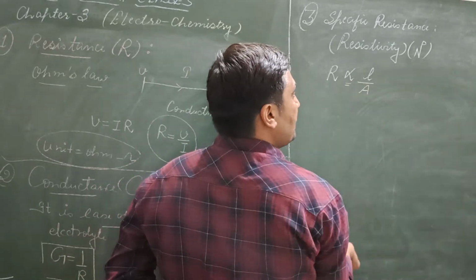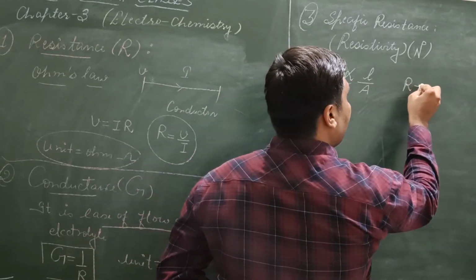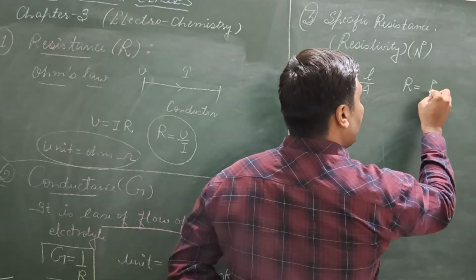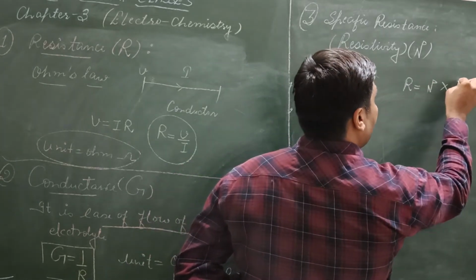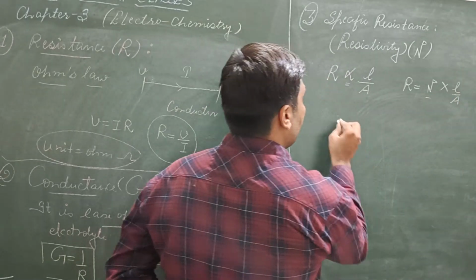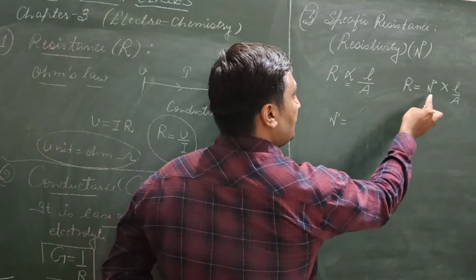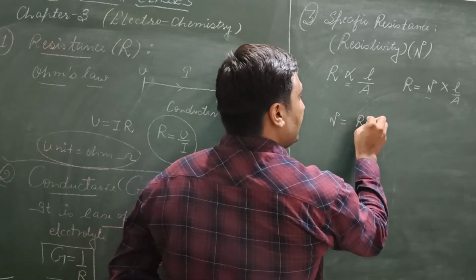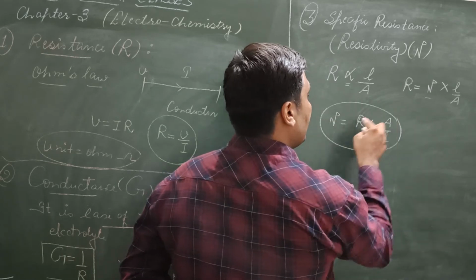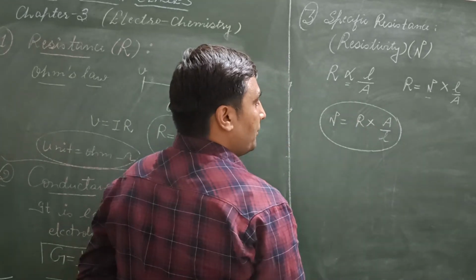This proportionality constant can be replaced by the term rho, so R equals rho into L by A. So rho equals R into A by L. This is the formula for rho.